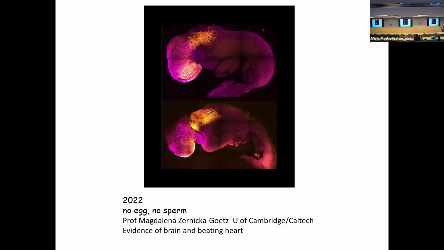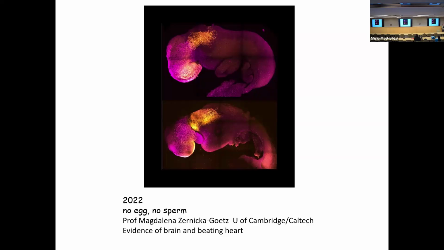So they combined naive embryonic stem cells with trophectoderm embryonic stem cells, put them into the right cocktail in a bioreactor, and the cells reorganized to make themselves an embryo. I think it's 12 days or something like that. So what can we learn with that?